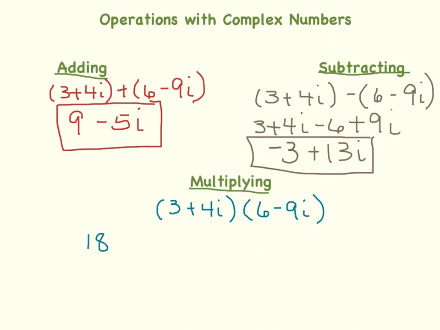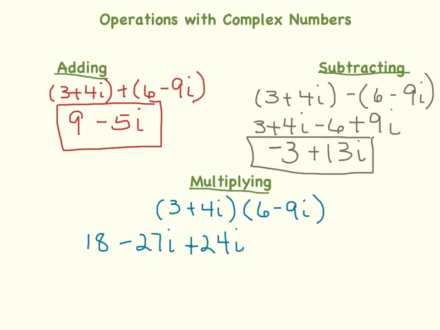Now I'm going to multiply my outer terms, which would be 3 times negative 9i. So that would be 3 times negative 9 is negative 27, so minus 27i. Now I can multiply my inner terms, which would be positive 4i times positive 6, and that will be plus 24i.